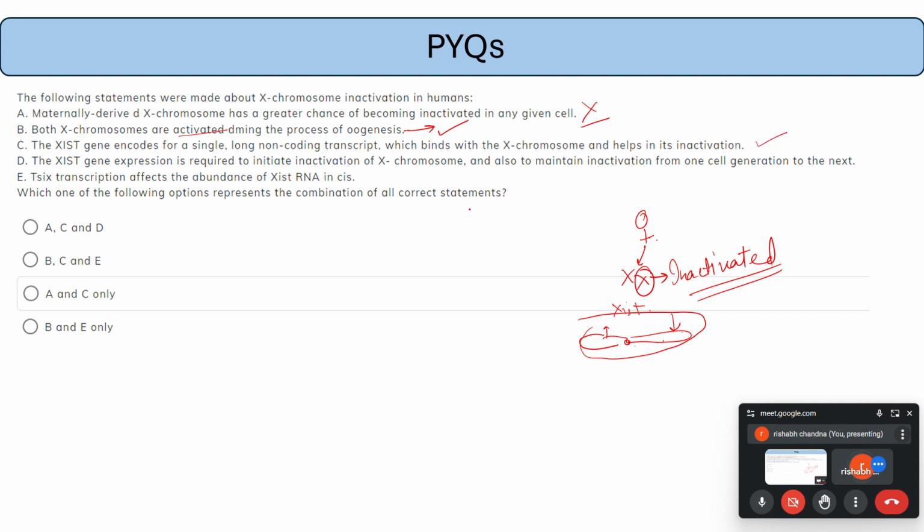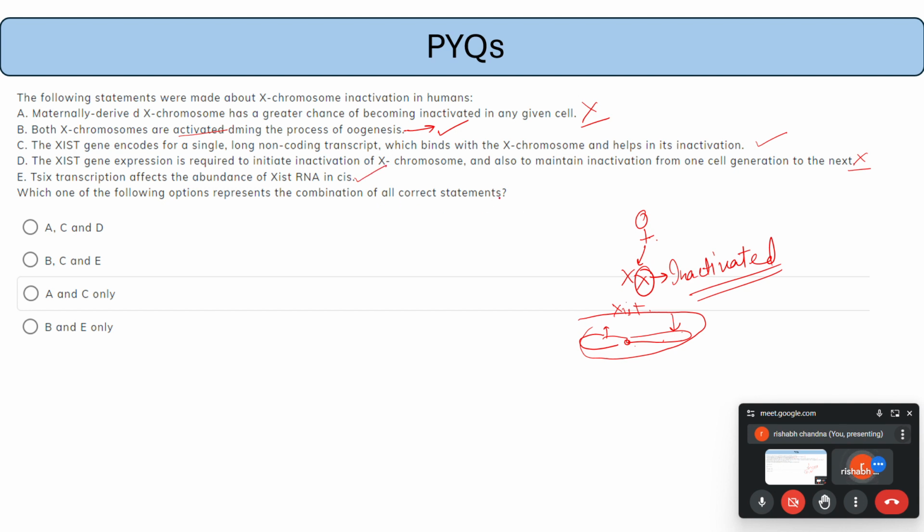Then we have option D. Xist gene expression is required to initiate inactivation of the X chromosome and also to maintain inactivation from one cell generation to the next. No, this is not correct because the inactivation pattern does not transfer from one cell to the other. It remains for that particular cell only. The Tsix transcription affects the abundance of Xist RNA in cis.